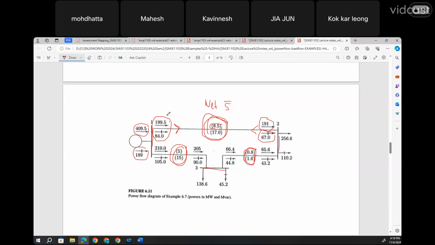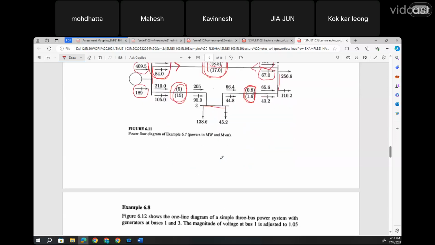So to know the power over here, the load demand plus the losses will give you the value supplied by the network in the connection between 1 and 2. Same goes for the other connections, from 1 to 3 or from 2 to 3 as well.